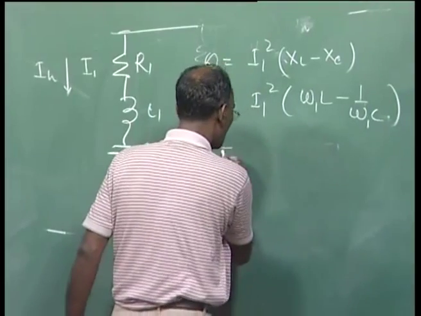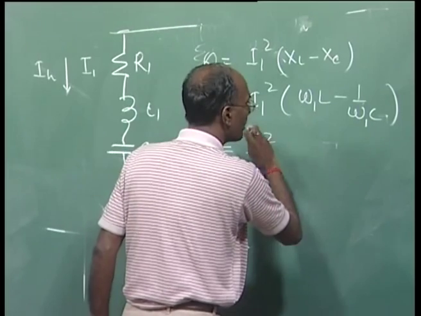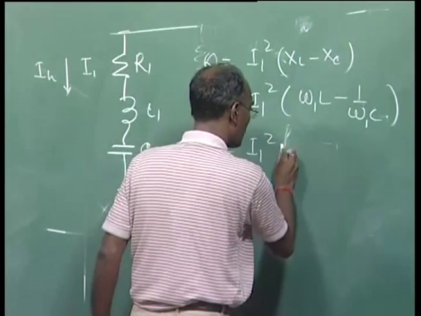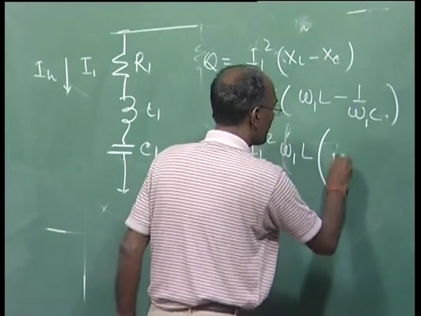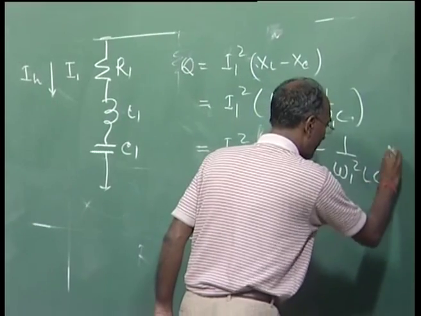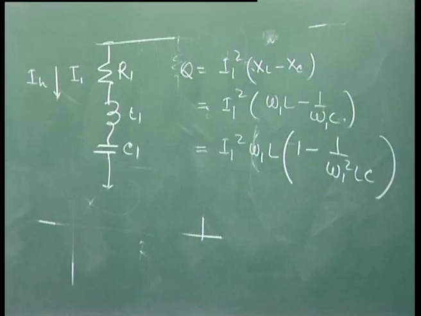Means that will be equal to, I can say I1 square. Here I can take omega 1 outside and L. This is 1 minus omega 1 square L into C. Right?